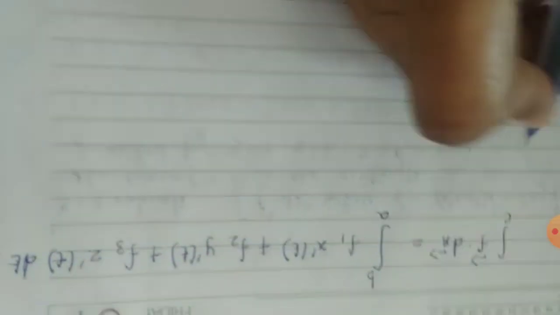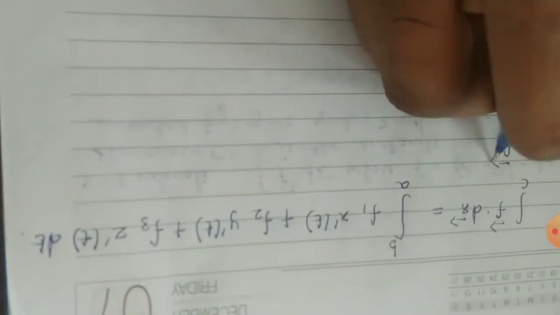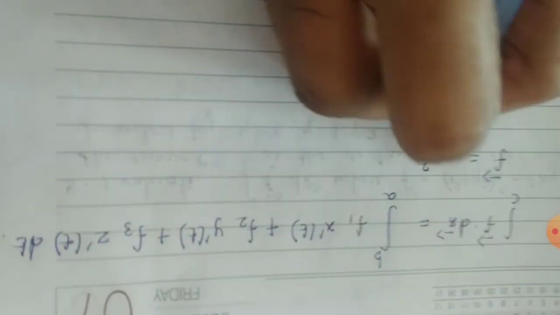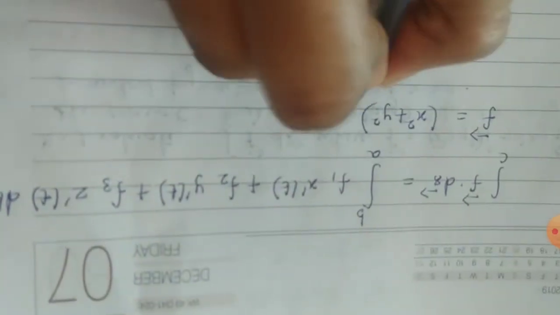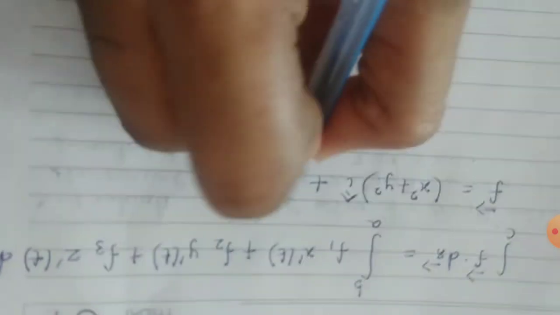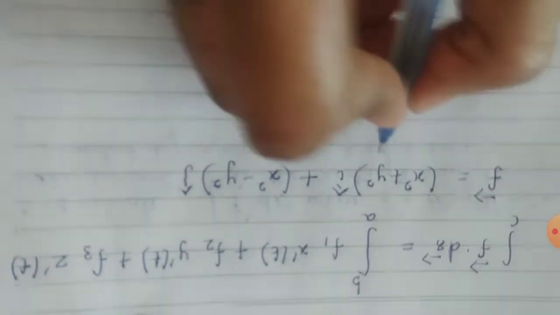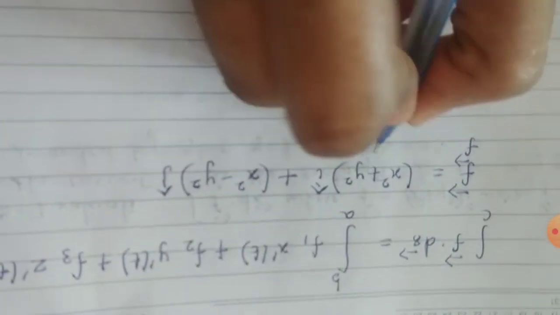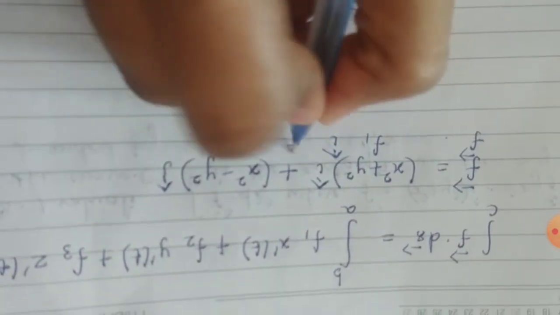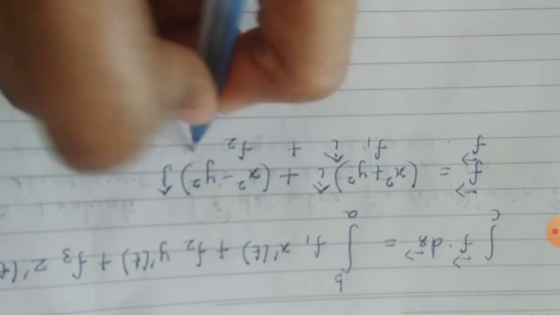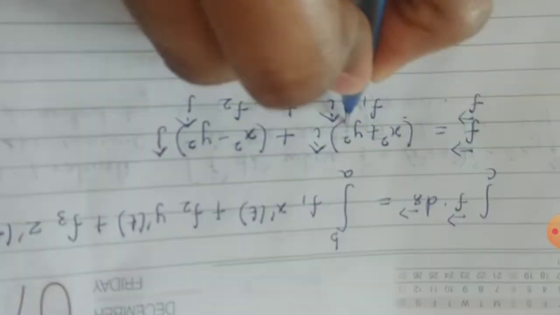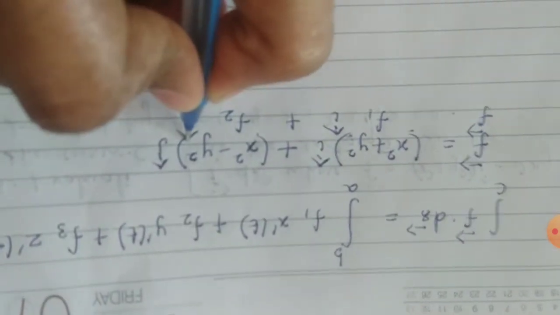Given F vector is equal to (x squared plus y squared) i vector plus (x squared minus y squared) j vector. So f1 is x squared plus y squared, and f2 is x squared minus y squared.